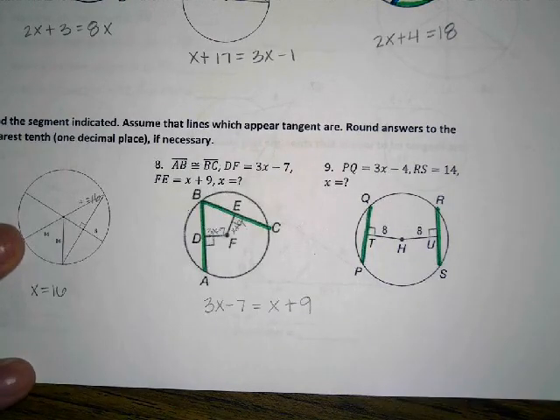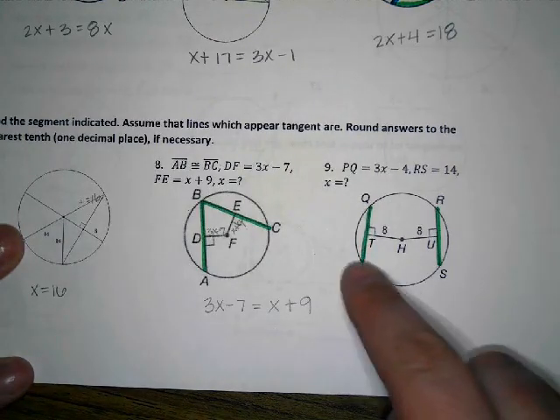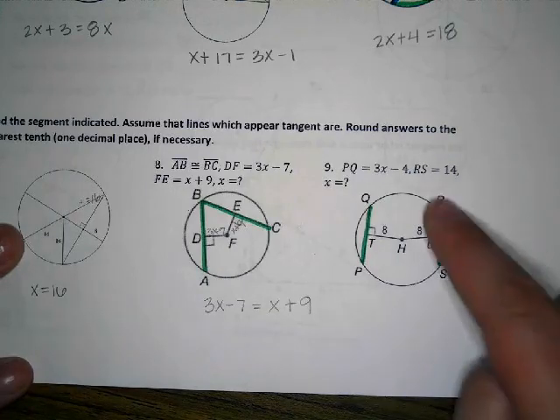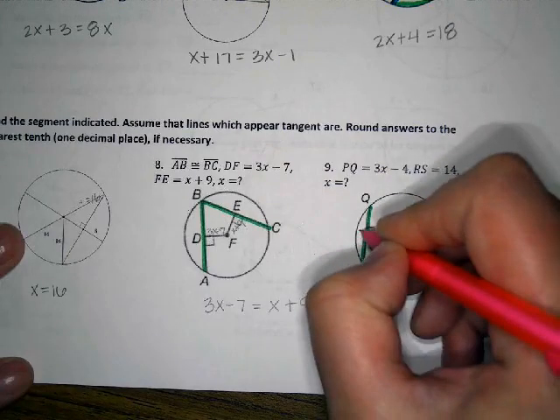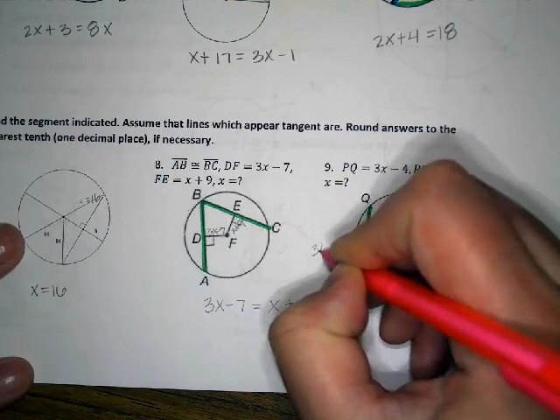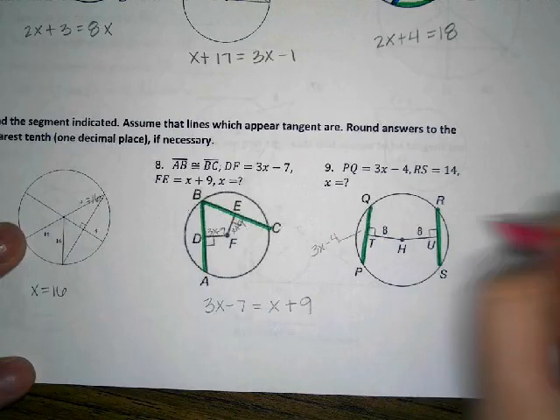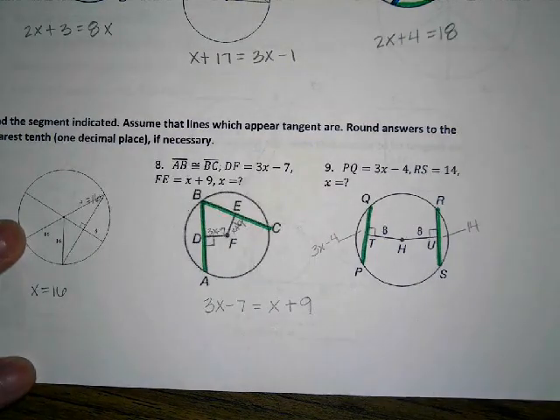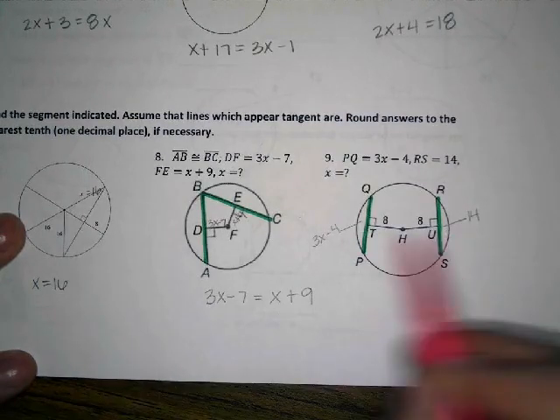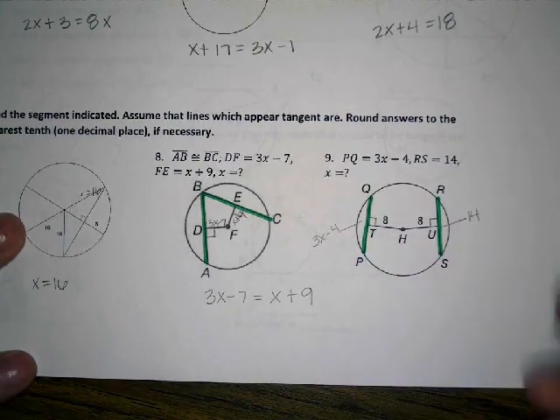So we have chord PQ and chord RS. They say PQ is 3x minus 4, and RS is 14. So if these are congruent, then what should we do to solve for x? Set them equal to each other.